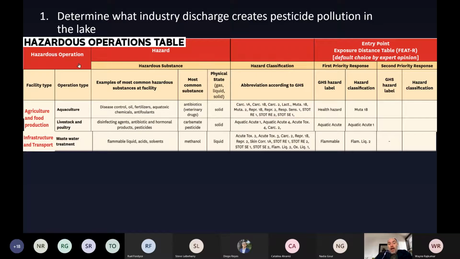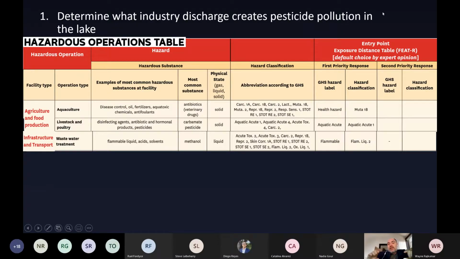So I broke here the aquaculture operation type, the livestock operation type, the wastewater operation type. Both aquaculture and livestock and poultry are included in agriculture and food production. And the wastewater treatment operation type is included in the infrastructure and transport facility types.